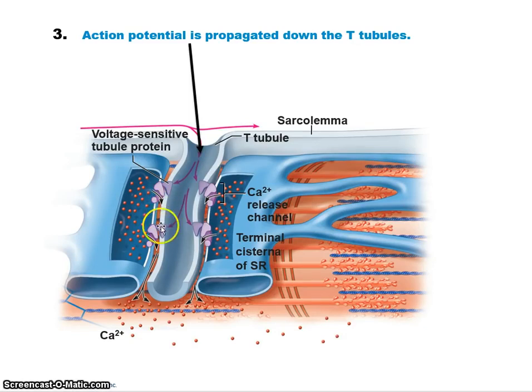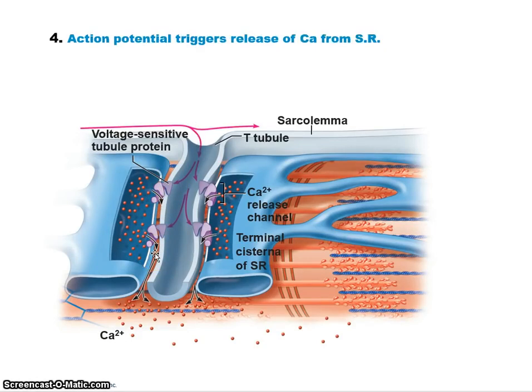These T-tubules are right up against the ends of the sarcoplasmic reticulum, and when the action potential gets down to where the sarcoplasmic reticulum is, it triggers the release of calcium.